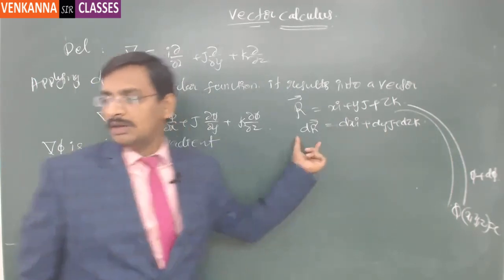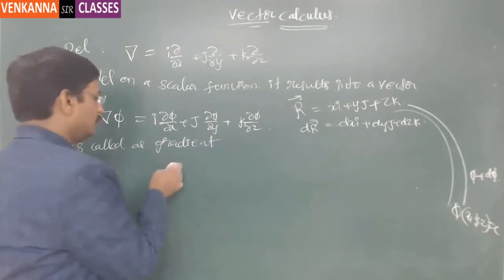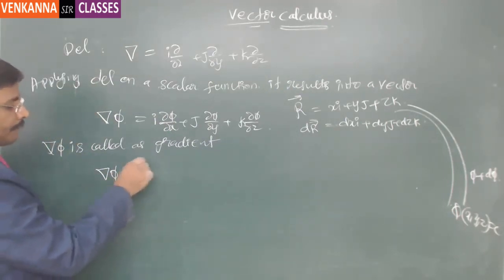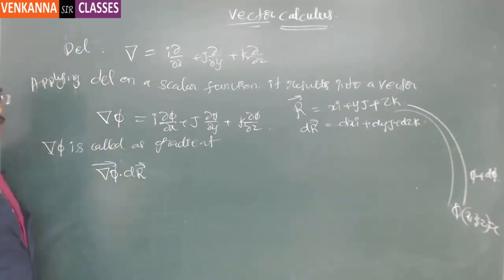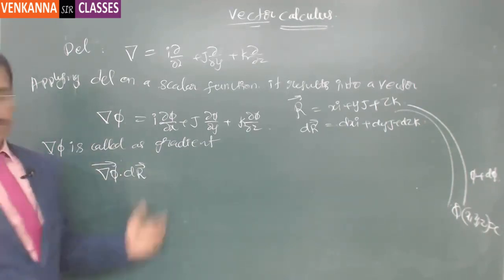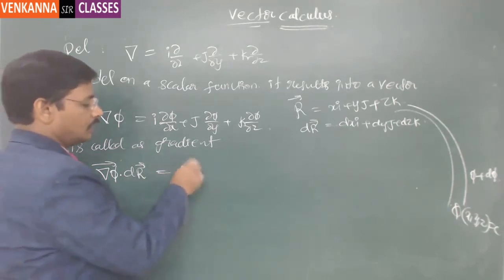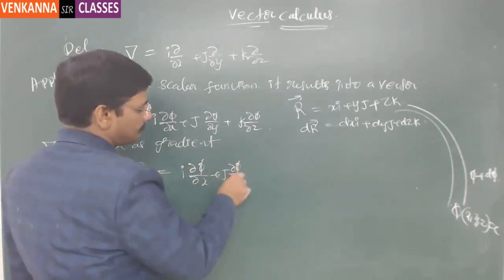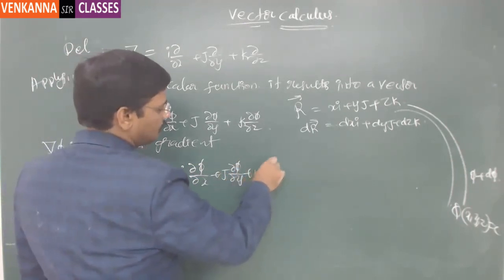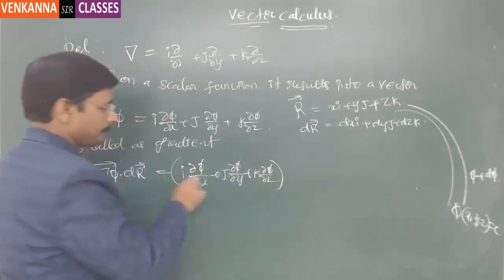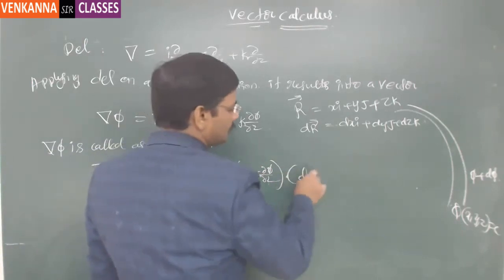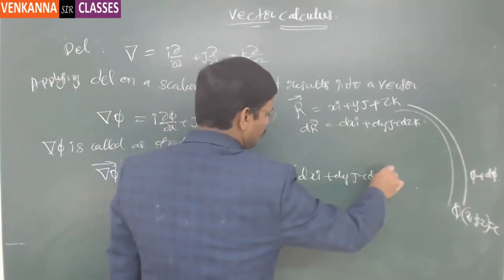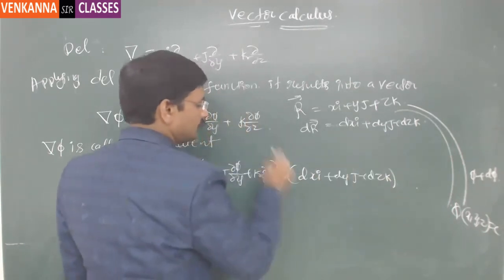Now, for that, let us take the dot product of del phi and dr. This del phi is a vector and dr is a vector. So, this product is i ∂phi/∂x plus j ∂phi/∂y plus k ∂phi/∂z, dot product with dx into i plus dy into j plus dz into k.